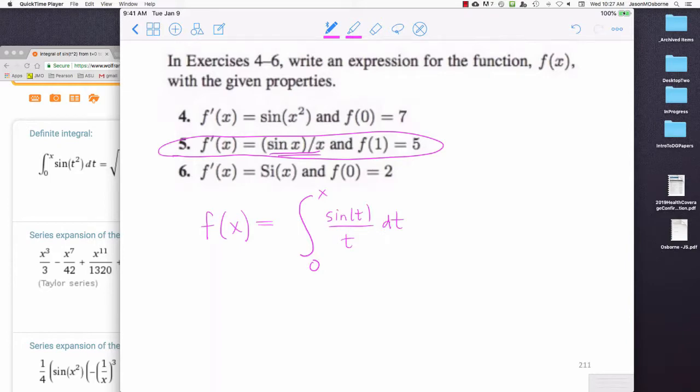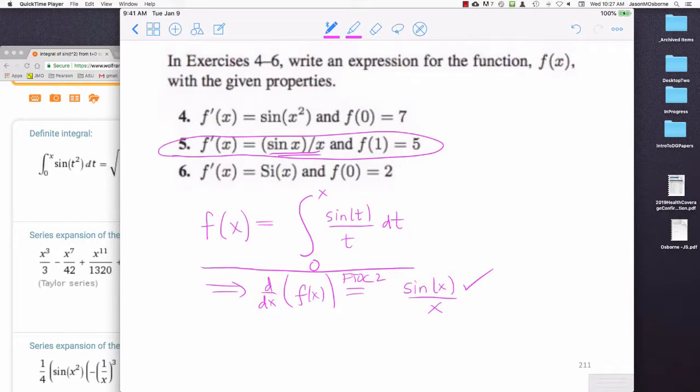Right? What happens when you take the derivative of this function? Second fundamental theorem of calculus says that you should get sine of x divided by x. Okay? So that's good. We found a function, here it is, where the derivative is sine of x over x.